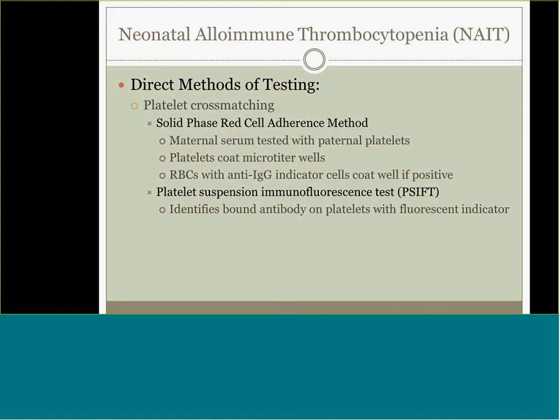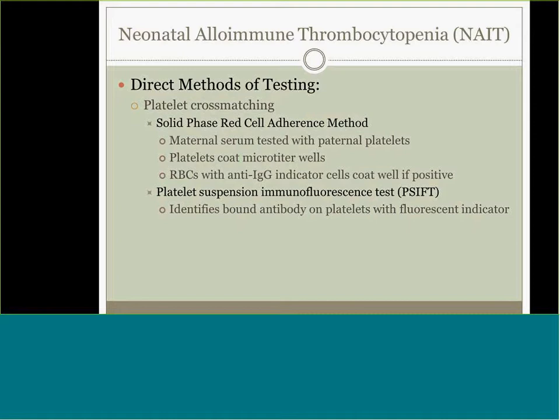And the platelet suspension immunofluorescence test, the PSIFT, is a really subjective test, but it's a direct visualization of antibody on intact platelets. If the cross-match is positive, meaning there's an incompatibility, there's a fluorescent ring that will be around a platelet. If it is not, you see a ghost outline. There won't be any fluorescent ring. So it's like the rosetting for red cells?